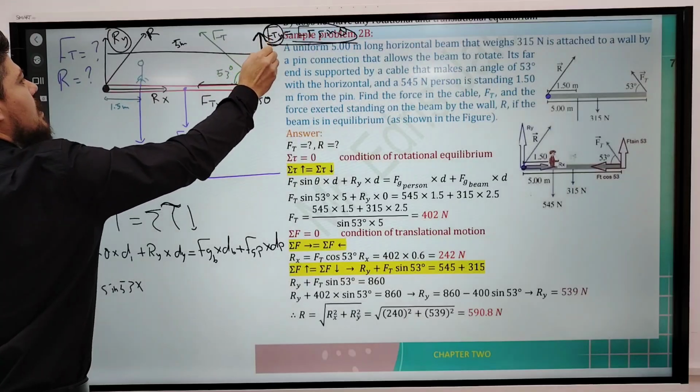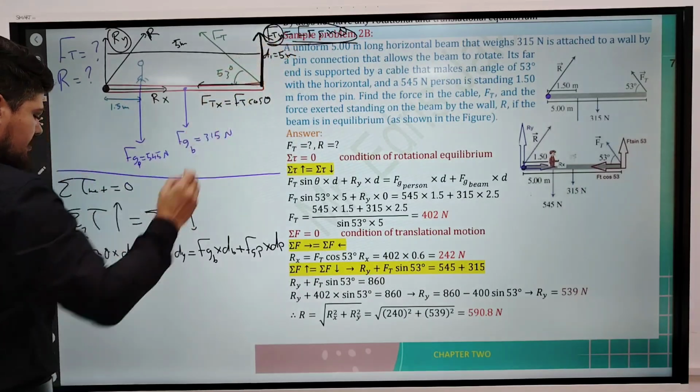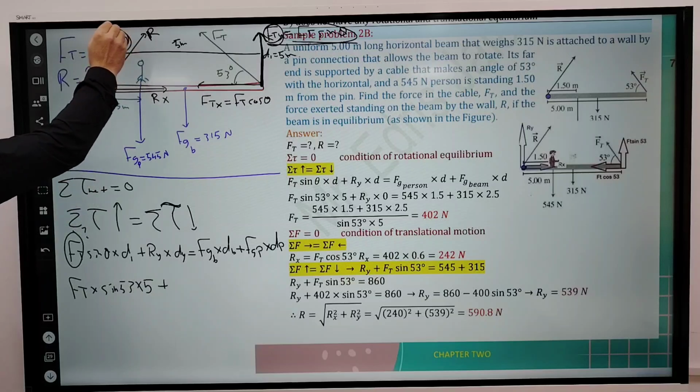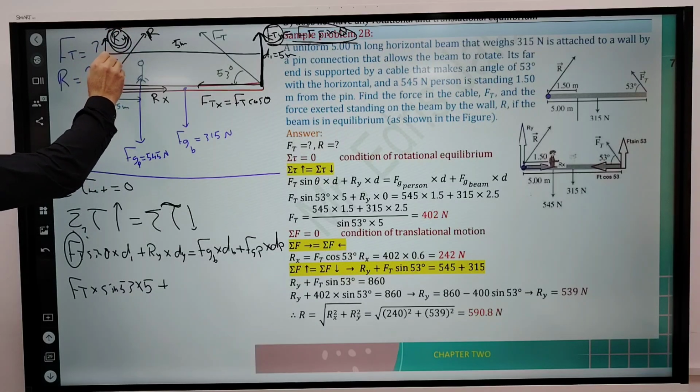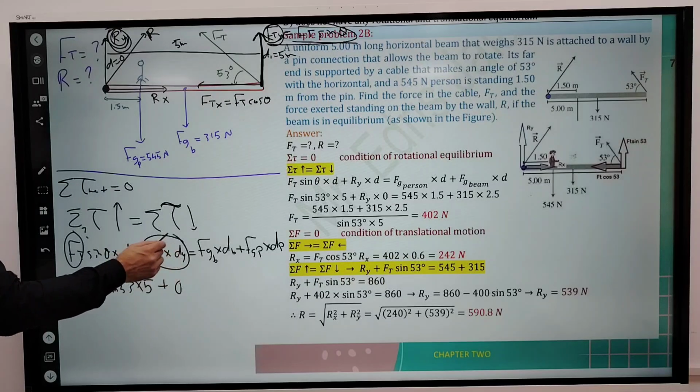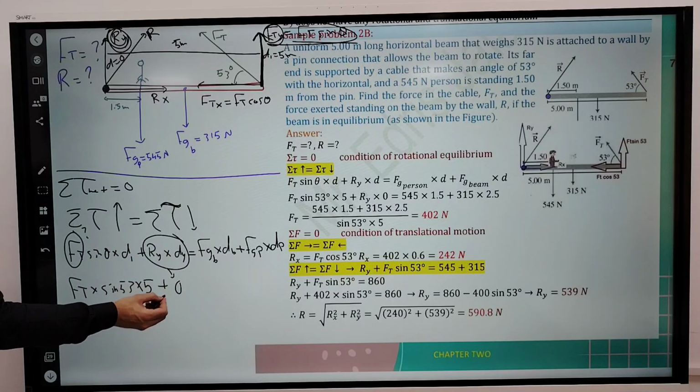So D1 is 5 meter. Plus Ry. The force Ry is located on the axis of rotation, so its distance is 0. This force cannot produce torque, so Ry times dy is equal to 0.